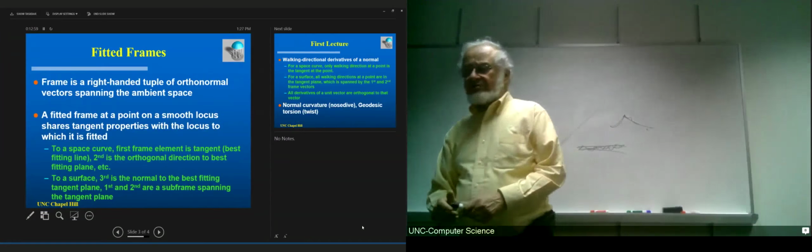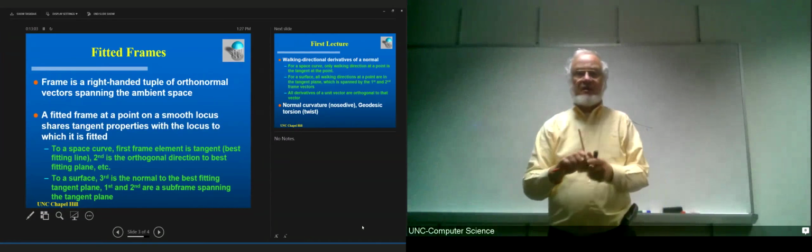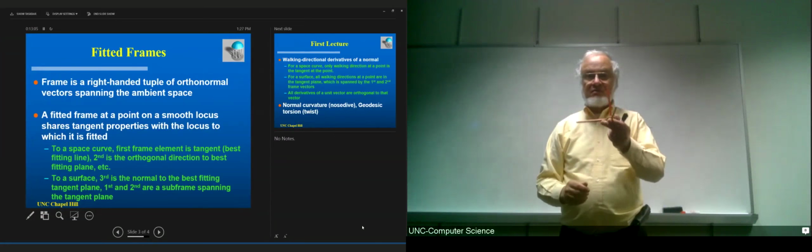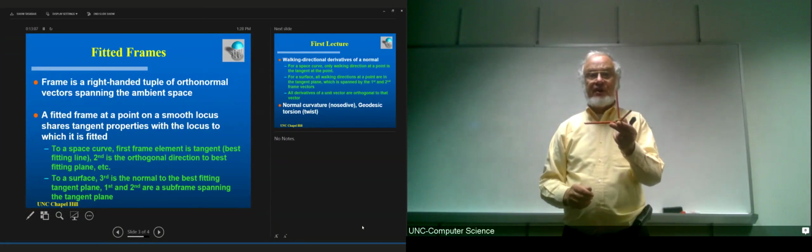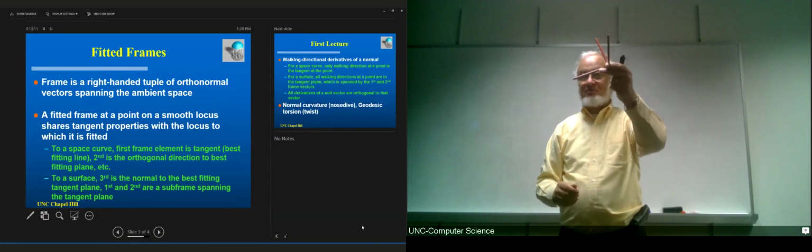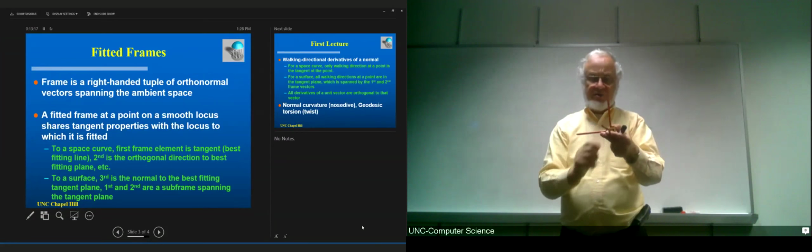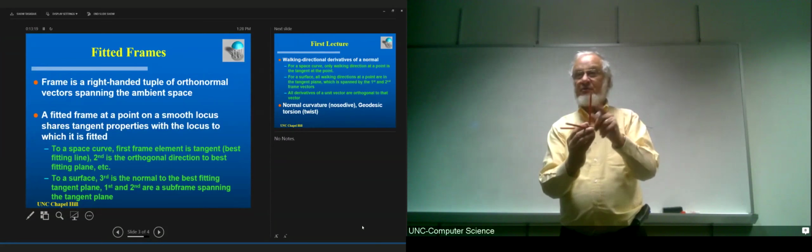Let's be careful about the word frame. A frame is a right-handed tuple of orthonormal vectors. In 3-space, here's a frame. It has a first vector, a second vector, and a third one, which is the cross product of the first two.